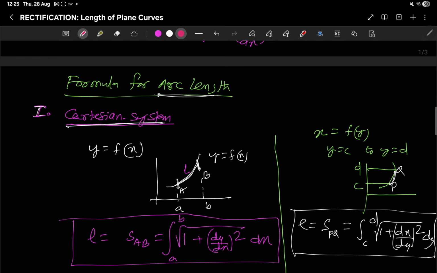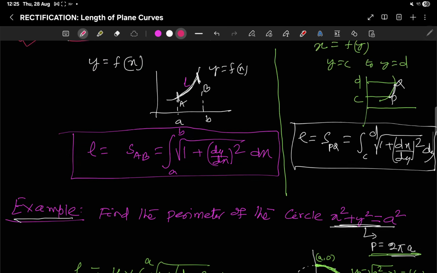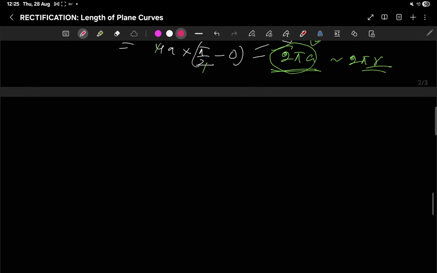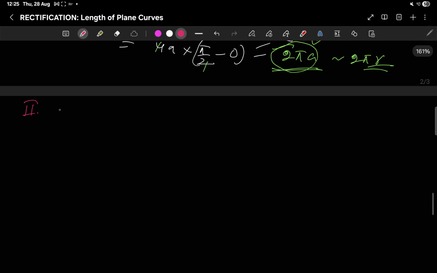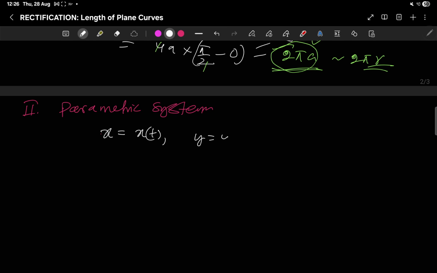So as you see the length of the arc under the Cartesian system, we will now see the length of the arc for the parametric system. Suppose you have a parametric system, which means your x is x(t) and y is y(t).